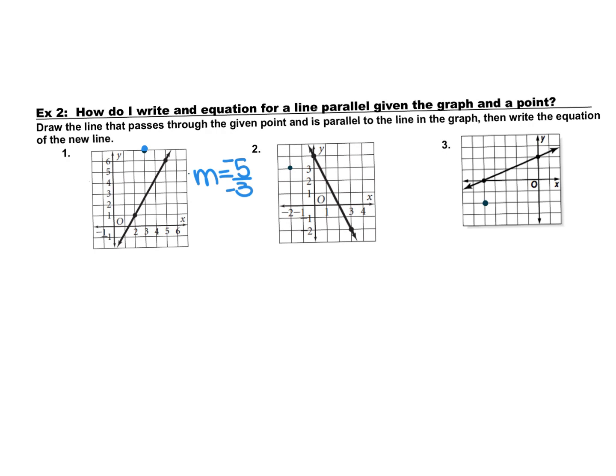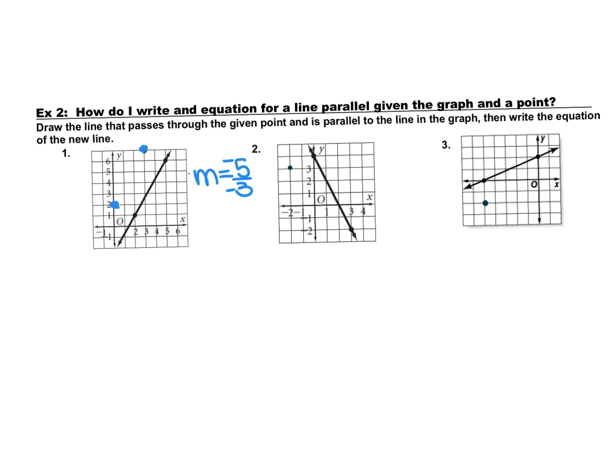And that's the same as 5/3, because 2 negatives make a positive. So let's go down 5 and then -3. 1, 2, 3, 4, 5, and then 1, 2, 3. So I went from this point right here, I went down 5, and then I went -3. That's how I got my second point there.